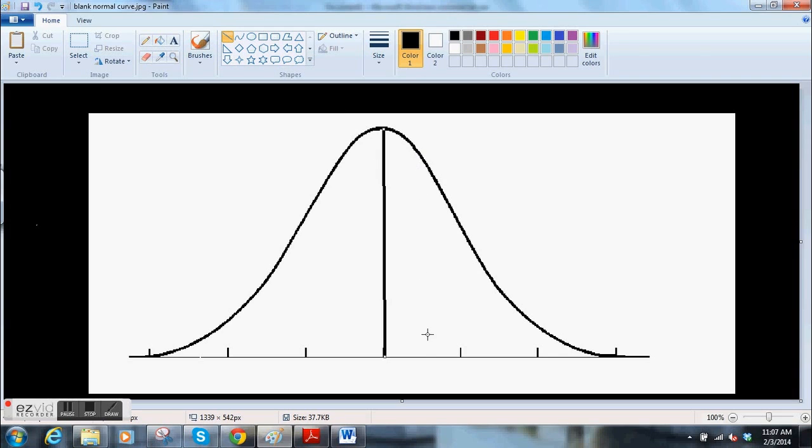So we want some number such that the area is 60%. Some number such that, and I'll just draw a little line here like this. There's some number here, and we don't know what it is, but we do know that the area behind that number is equal to 0.60.